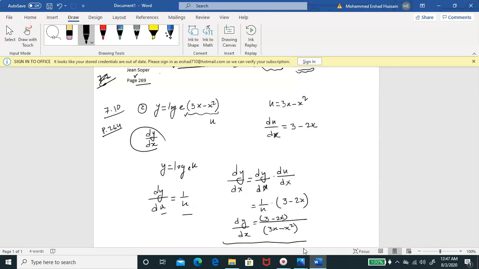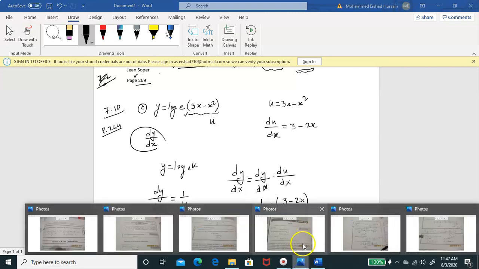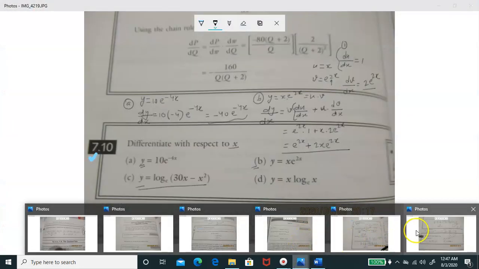Why do we have just that? I'm thinking, did we pick it up wrong? Oh, this was 30x.